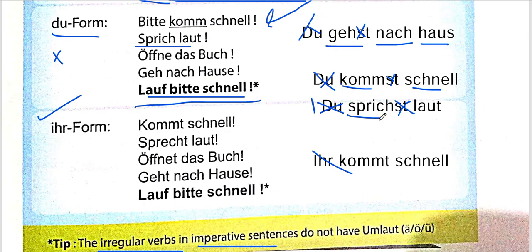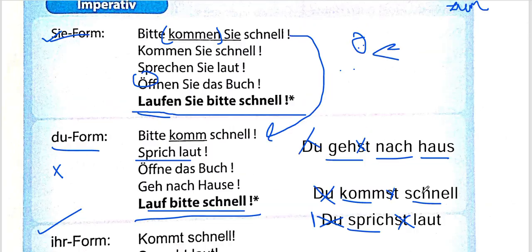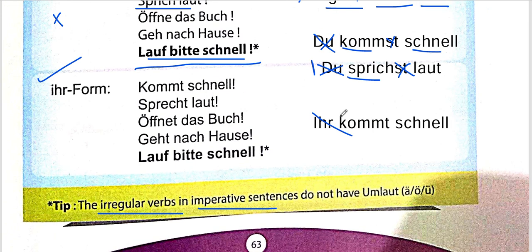In the du case, you need to remove two things, but here you don't really have to make any very noticeable difference. You simply have to remove ihr. So if I have "Ihr sprecht laut", I will remove the ihr. "Ihr öffnet das Buch", ihr will be removed. "Ihr geht nach Haus", ihr will be removed. "Ihr lauft", was there a t? It's an irregular verb, so remember the conjugation will be a little different.